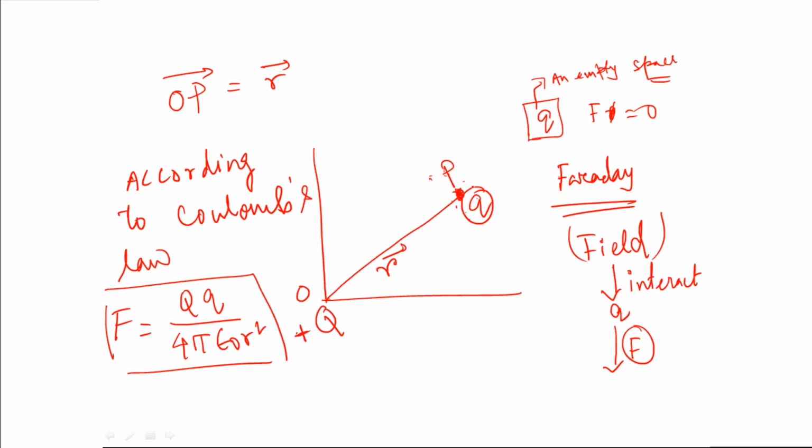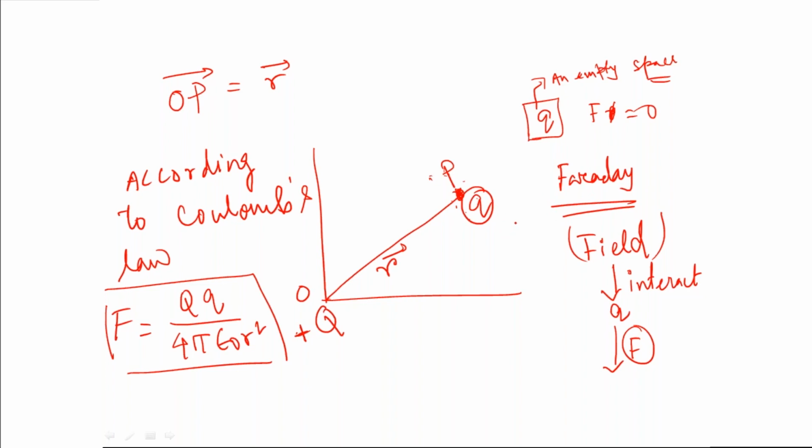I mean to say, if we remove the charge, is there something in this region? If it is simply an empty space, then if I keep the charge at any empty space, there will be no force experienced by the charge.